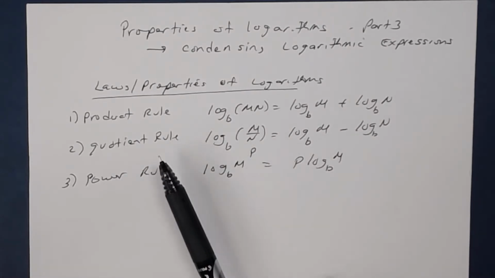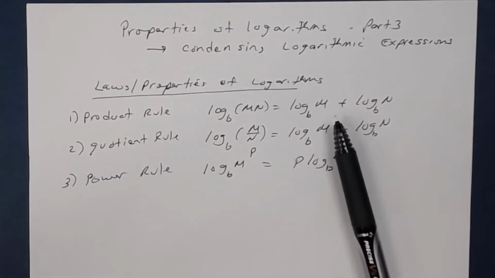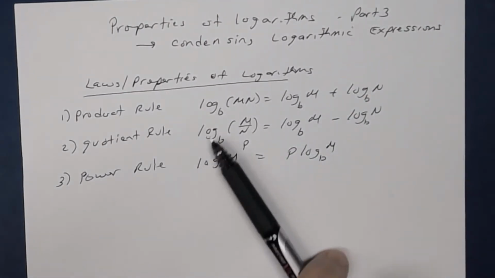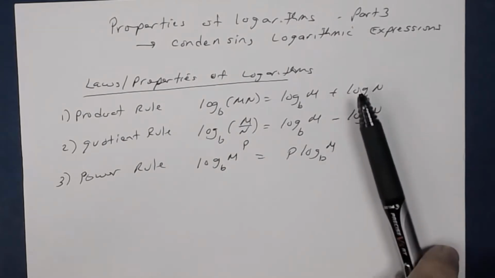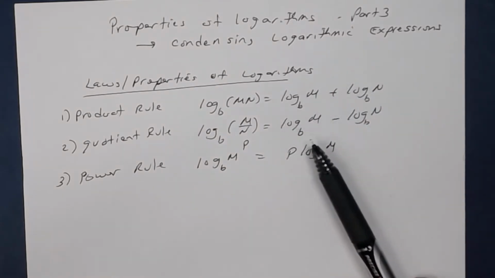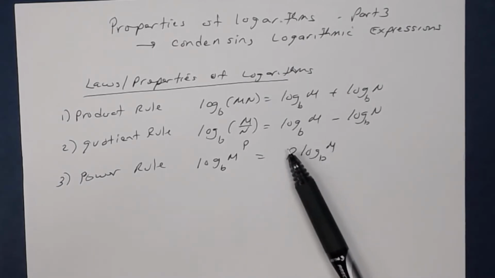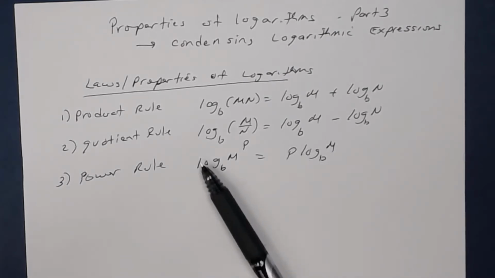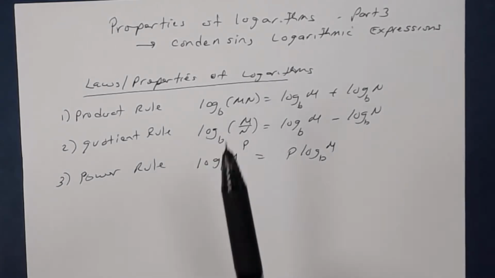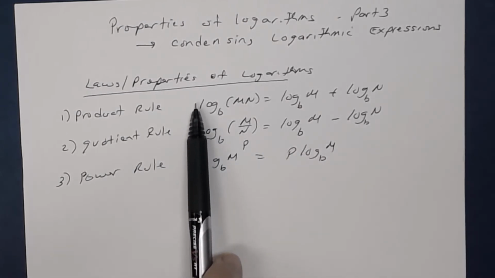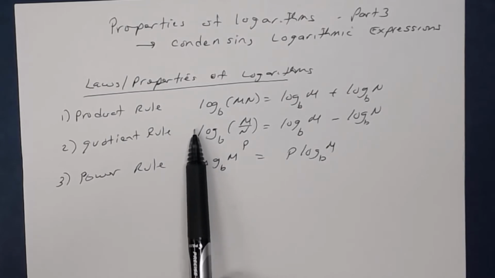Basically what's happening when we condense is we're going from this form to a single logarithm. All right, so when we condense, we're going from a sum, a difference, a product right here, to a single logarithm. And notice when we go to that single logarithm, we want the coefficient of the log to be 1.